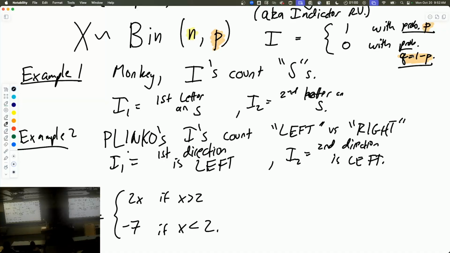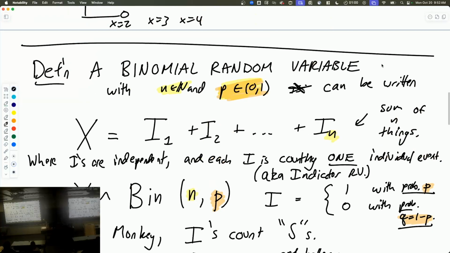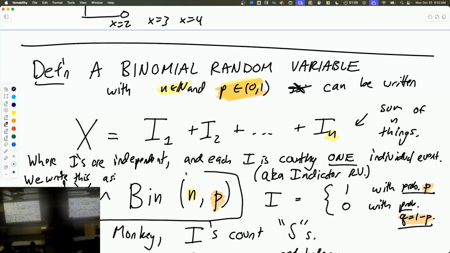Yes, this is bin. Let me say this. We write this as this. So in other words, this definition, DEFN, means this is a definition, and this is defining what it means when someone writes bin. They mean all of the stuff that we just said. So when someone says this is a binomial random variable, or they write X is bin NP, this is exactly what they mean.